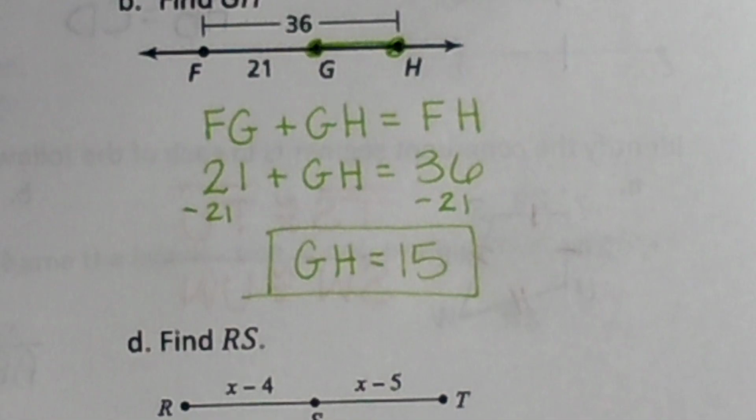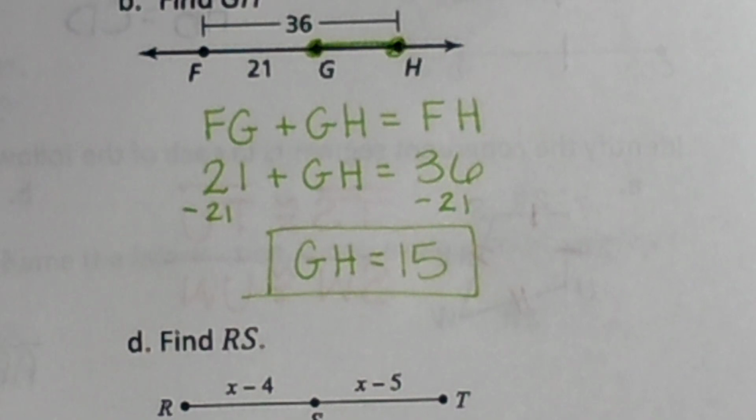My point being, when you see FG, GH, FH, no bars above them, they are essentially variables. It's kind of like an X being right here for us to solve. Would the equation have looked a little more familiar had I written 21 plus X equals 36? Probably, but it is the same thing as doing this.